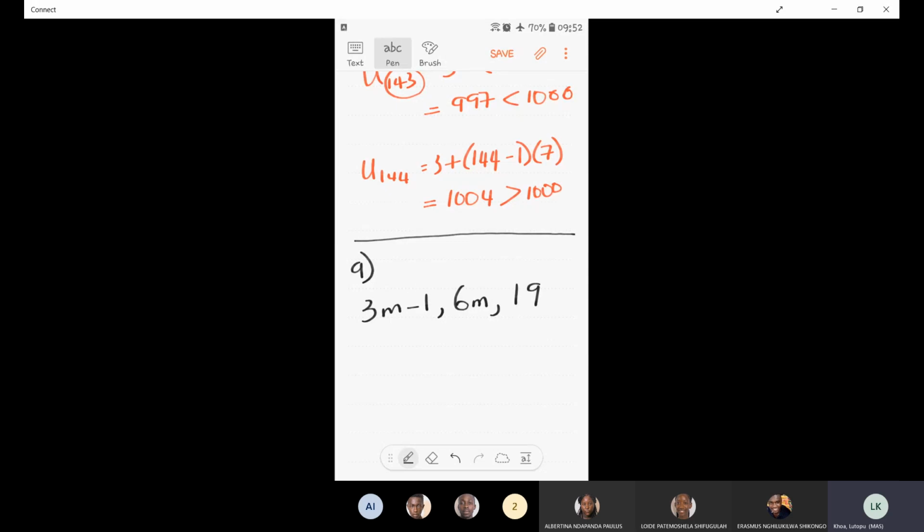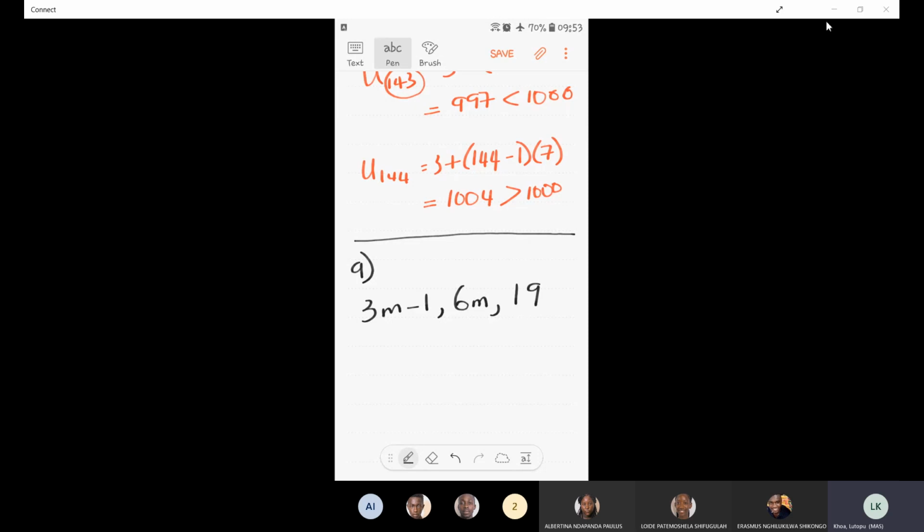Now consecutive means they follow each other, so you list them in the progression, they will come one after the other. The first one will be 3m minus 1, then you'll have 6m, and then you will have 19.